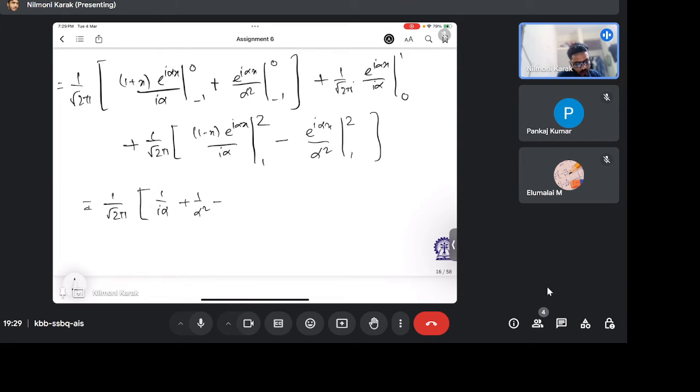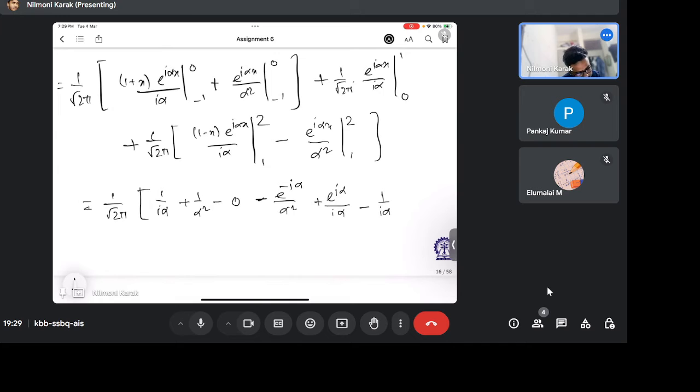When you put minus 1, this is 0, and we get minus e to the power minus i alpha by alpha square. Here, putting 1 gives e to the power i alpha divided by i alpha, minus 1 by i alpha.